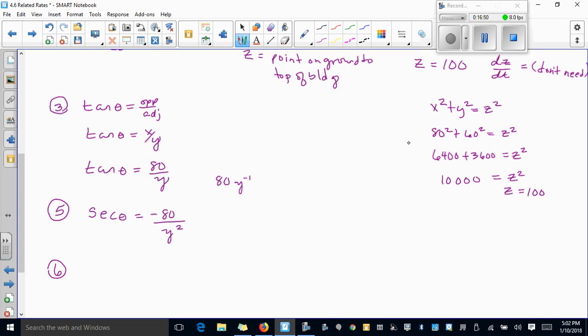So secant is hypotenuse over adjacent. Secant of theta, if we come up here, the hypotenuse is 100 and the adjacent side is 60. So this is 100 over 60.